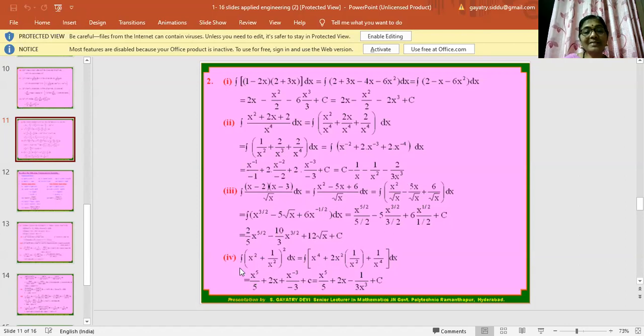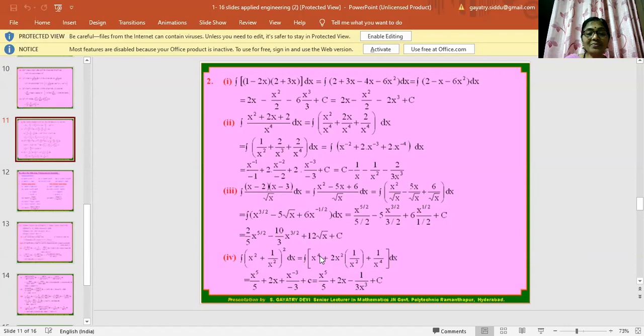Coming here, integral of (x square plus 1 by x square) whole square dx, which is a simple whole square. Expand and simplify. Finally, you are getting x power 4 plus 2 plus 1 by x power 4. Integration is required with respect to x.